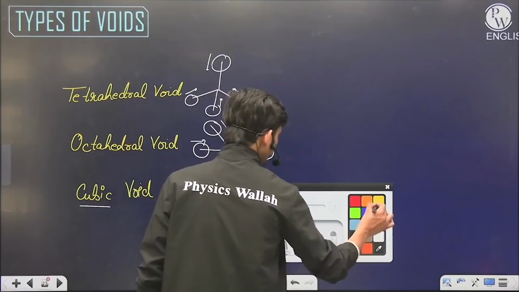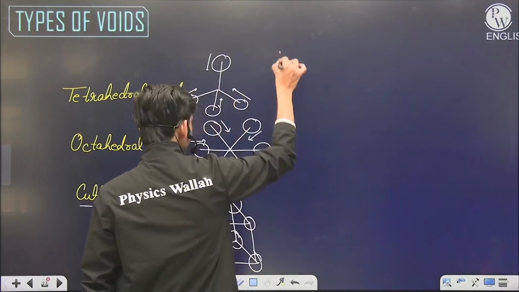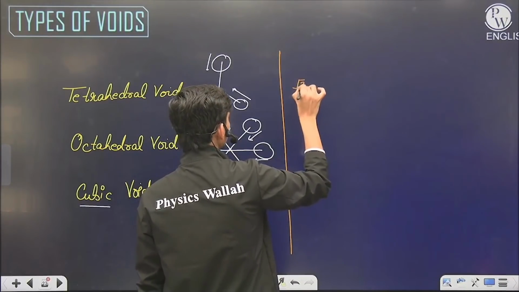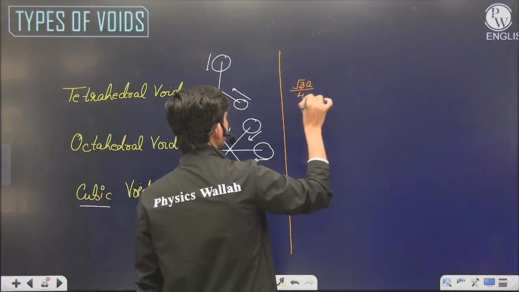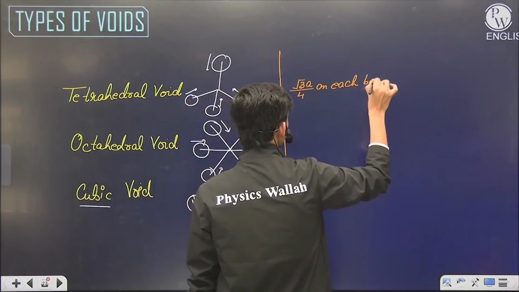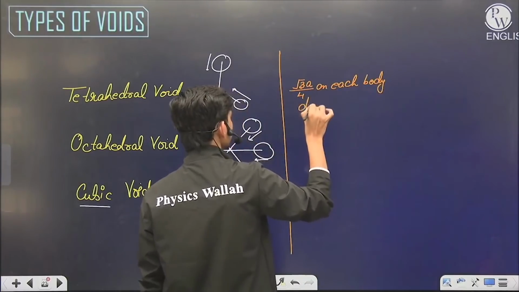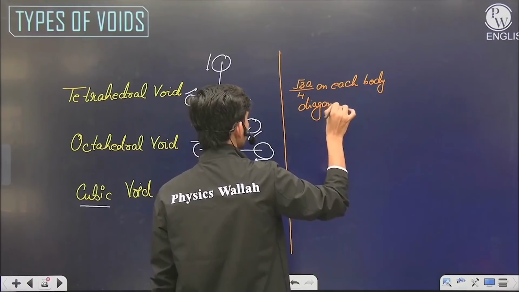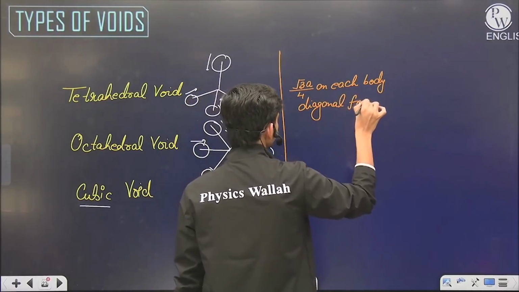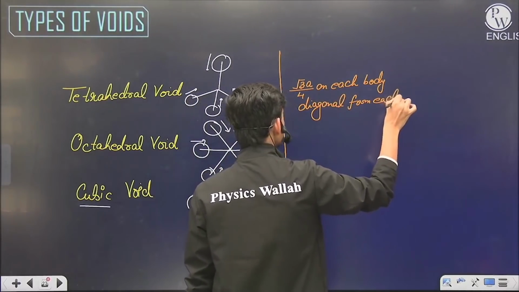Now if we talk about the location of these voids, the tetrahedral void is found at root 3a by 4 distance on each body diagonal from each corner.